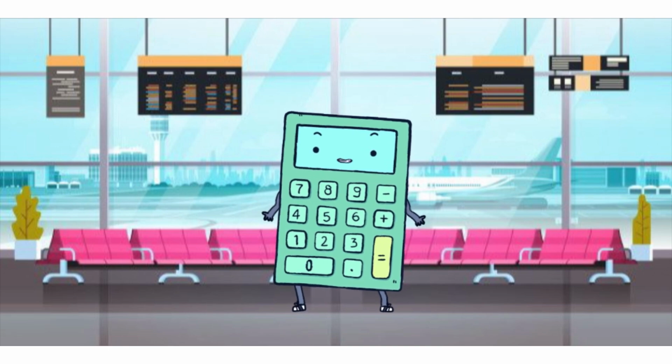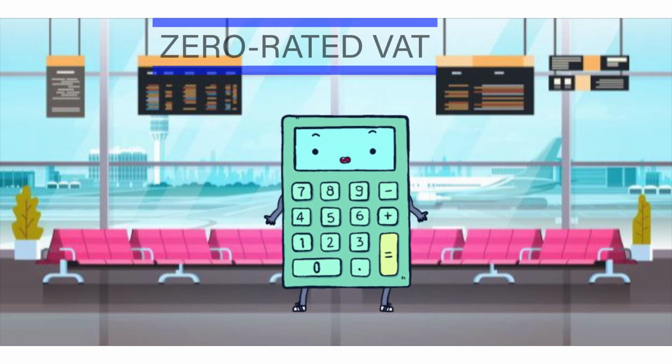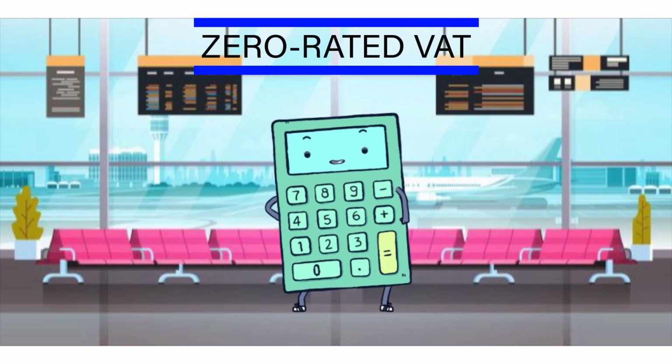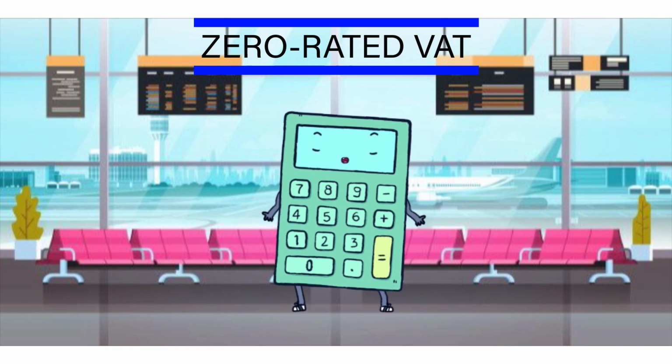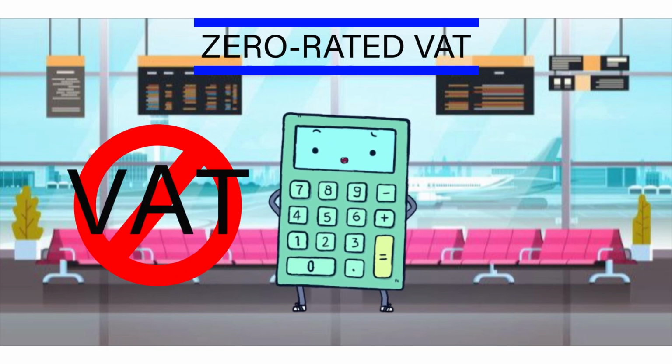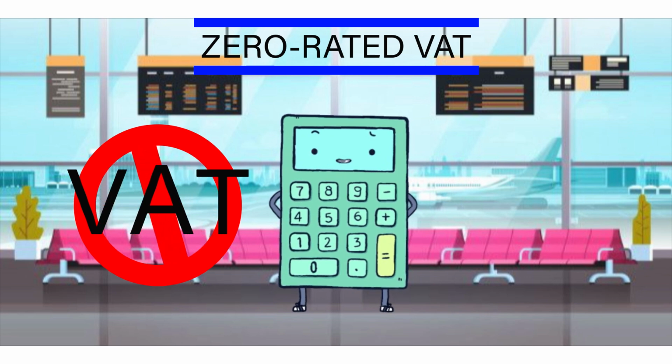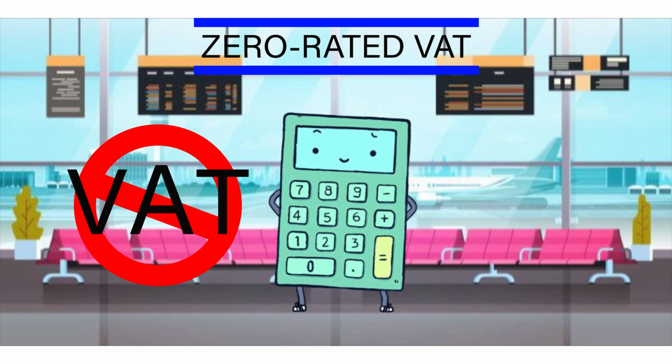Now for the good stuff. Zero rated VAT. This means the VAT rate is 0%. You pay no VAT on these items. The government does this to help make basic necessities more affordable for everyone.